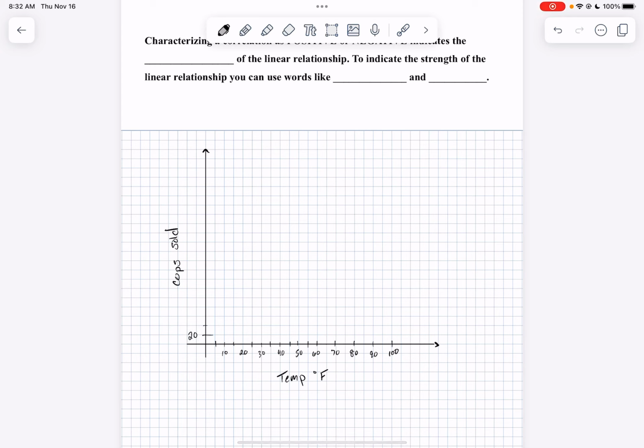20, 40, 60, 80, 100, 120, 140, 160, 180.